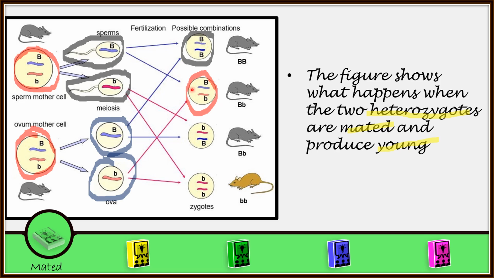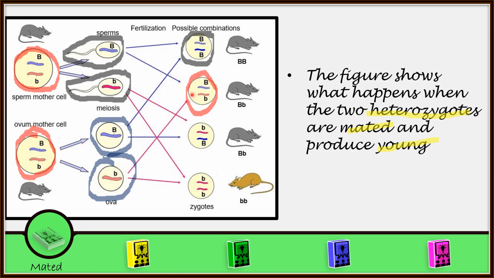And what instruction is given by capital B? Capital B is giving an instruction that this offspring should have a coat color of black. And small b is giving an instruction that this animal should have brown color.